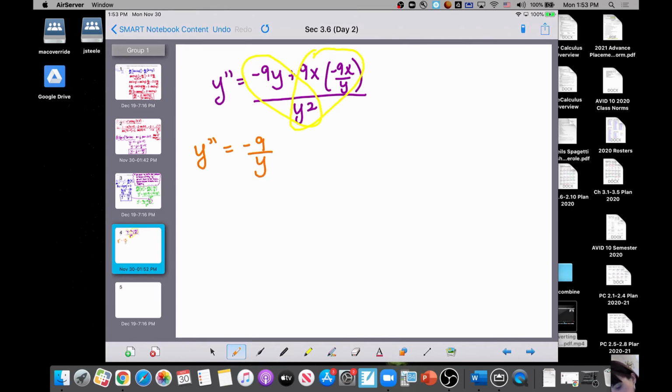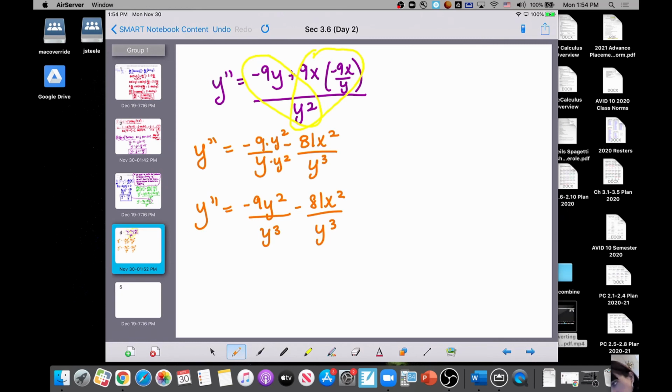And then my second term, 9x times negative 9x is going to be negative 81x squared. And then dividing by y and dividing by y squared is going to make this term in the denominator y cubed. Now, wouldn't it be nice if I had a common denominator here? So if I multiply my first denominator by y squared, I have to multiply my numerator by y squared. So then I would have y prime prime is equal to negative 9y squared over y cubed minus 81x squared over y cubed.